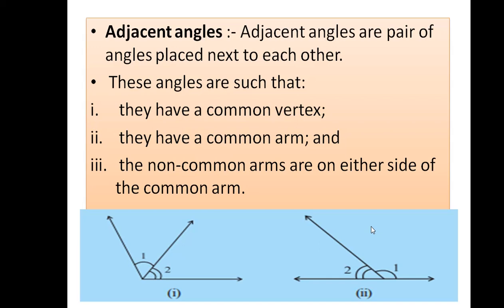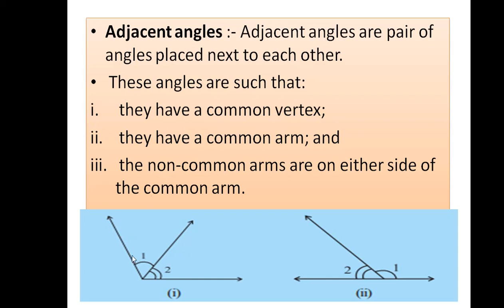The next is adjacent angles. Adjacent angles are a pair of angles placed next to each other. In the example you can see angle 1 is next to angle 2. Then it is the adjacent angle. These angles are such that they have a common vertex.